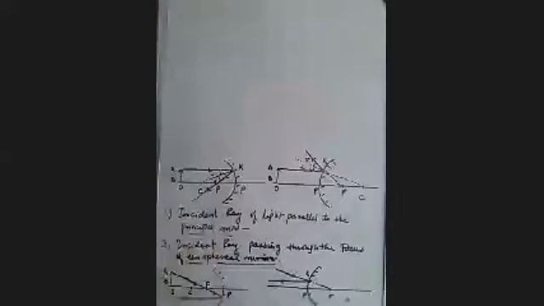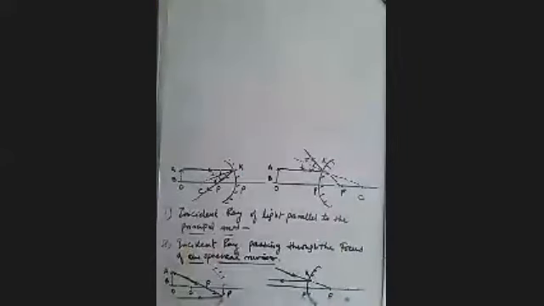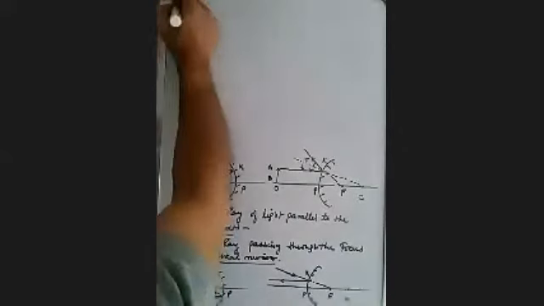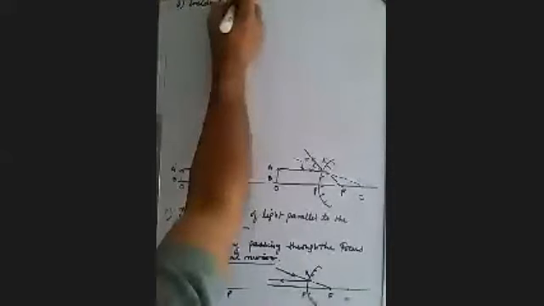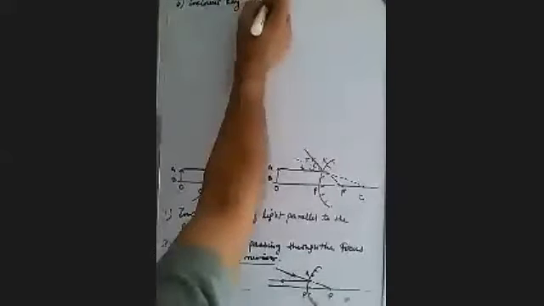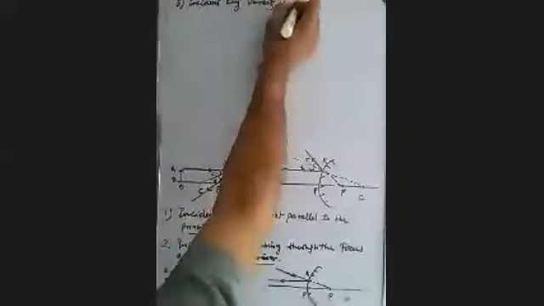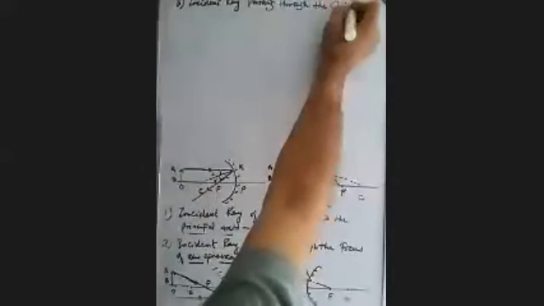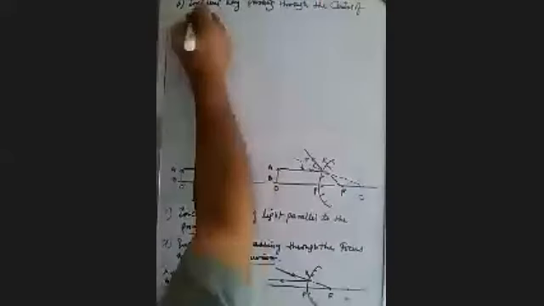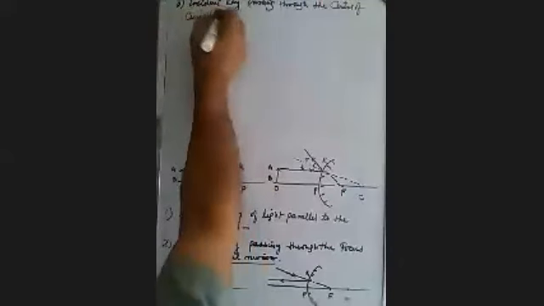Now another ray we can consider is the incident ray passing through the center of curvature of the spherical mirror.